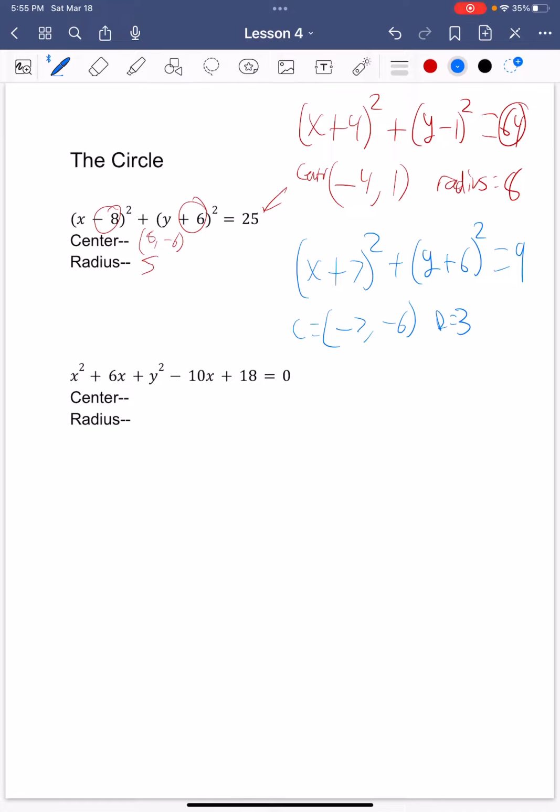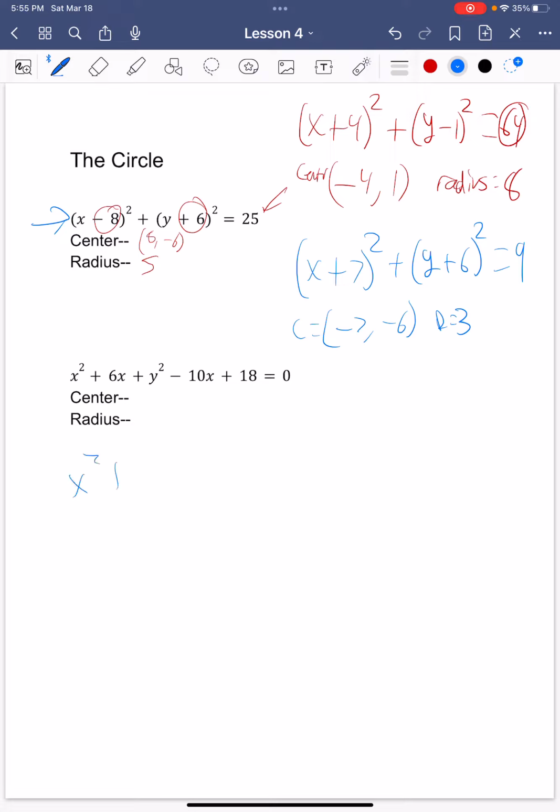Okay. Now that was really easy to do because it's in this form where we have two perfect squares equal to a value. Here, we don't have that, so let's try to get it in that form. As in finding the vertex for the parabola, we're going to subtract the constant to the other side.